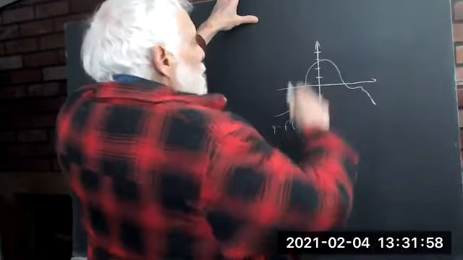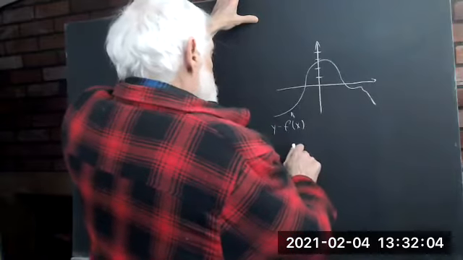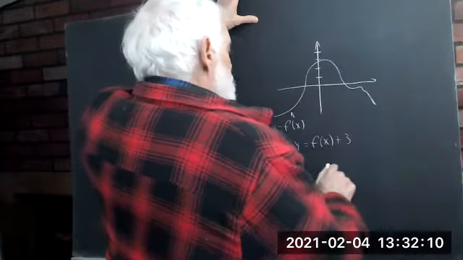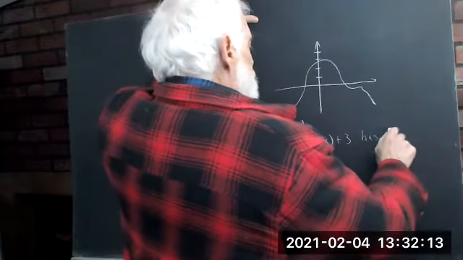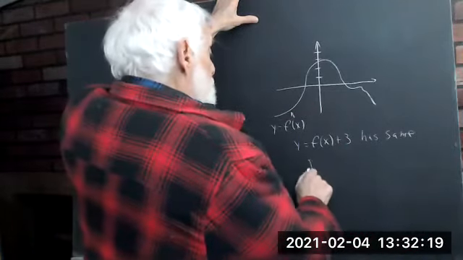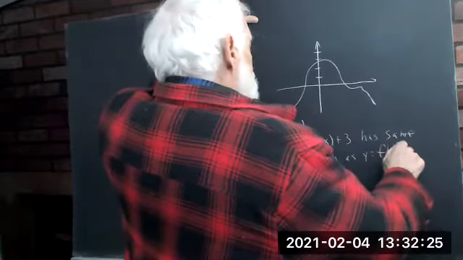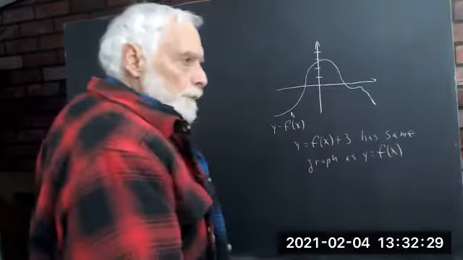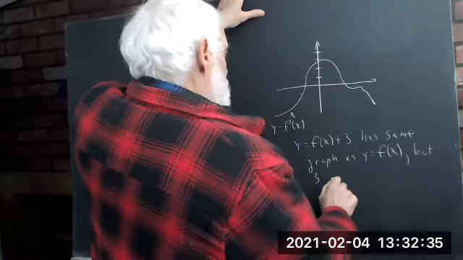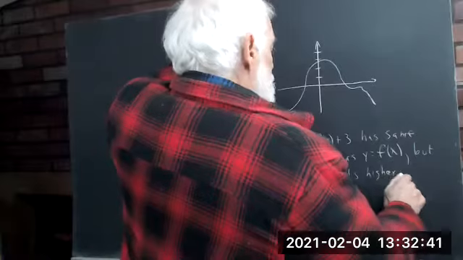So just go up to 4: 1, 2, 3, 4. Y equals f of x plus 3 is the same graph as y equals f of x, but three units higher.